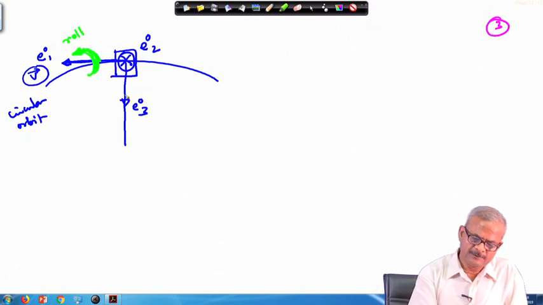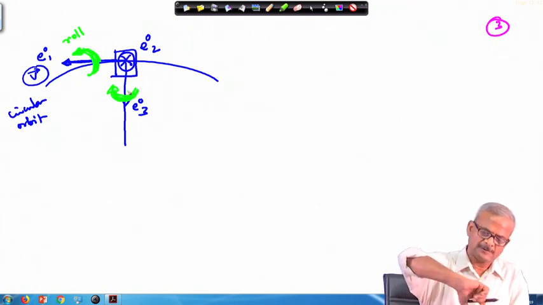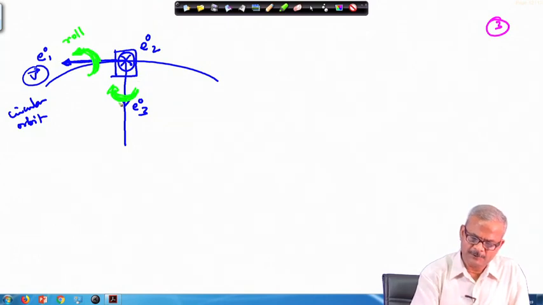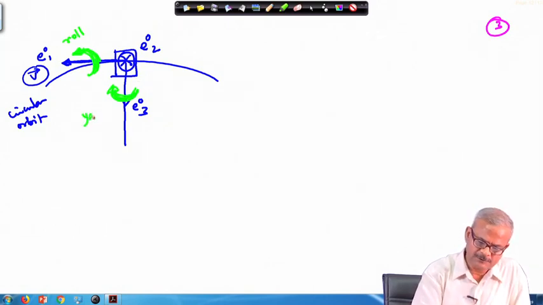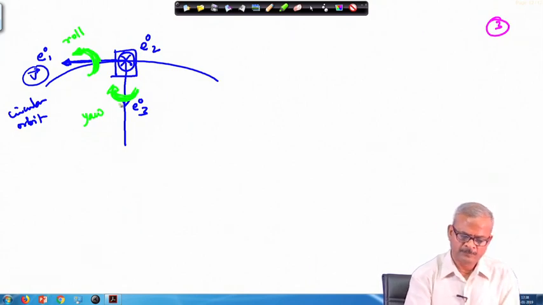Similarly, the motion about the third axis will be going something like this. It is passing over the blue lines, means I am doing like this. So, this is also a positive motion and this is called the yaw motion. This is the yaw. Okay, now what is the pitch?